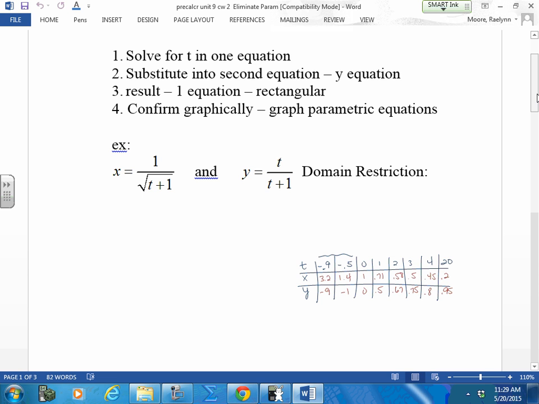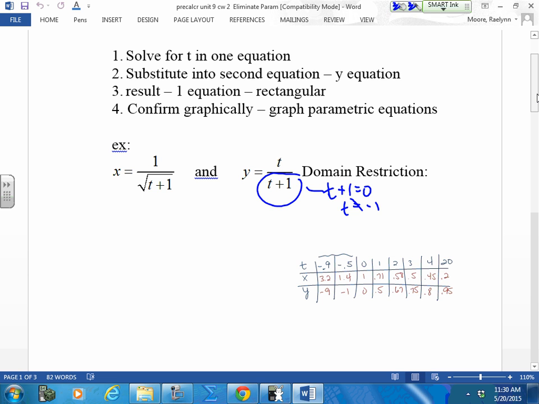Now, sometimes we get some things that have a little bit of a domain restriction. And we can see from this that you have 2 domain restrictions. In the denominator, you cannot have a 0. So, if this is a 0, then t cannot equal -1, right? If t is equal to -1, this will give us a 0 in the denominator, which we cannot do.